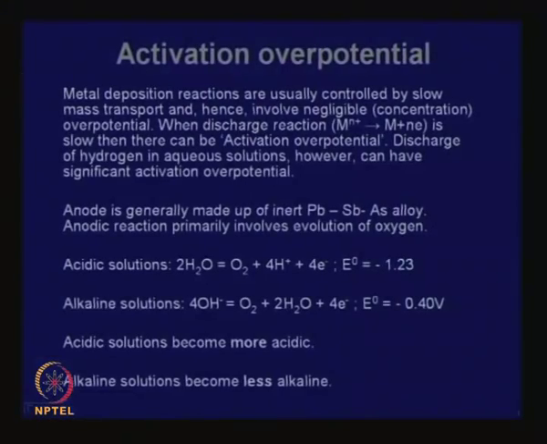It is at the surface that discharge is slow. There are not many examples of this, but there are some, and this is what gives rise to activation overpotential. This happens in the case of discharge of hydrogen in aqueous solutions, because this can have significant activation overpotential.